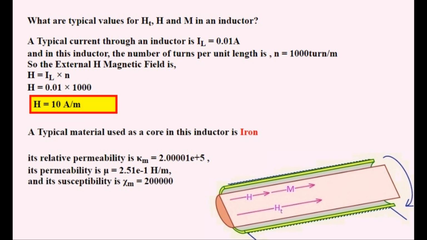The external H magnetic field, H in an inductor, is only dependent on the current through it and the density of the wires that coil around it, also called the number of turns per unit length. Notice too that all of these values are independent of the value of the inductance of the inductor.